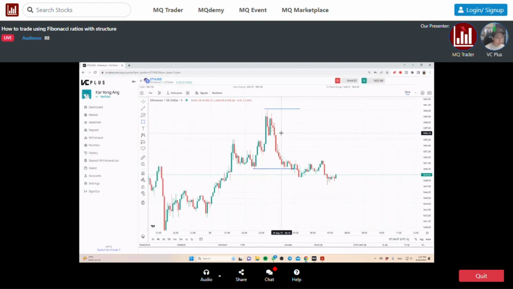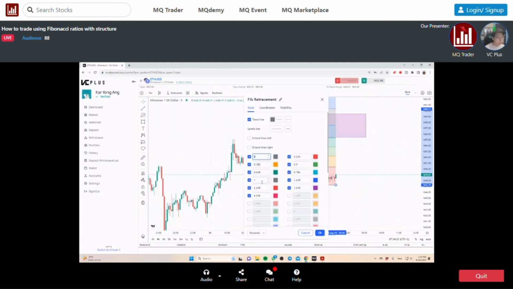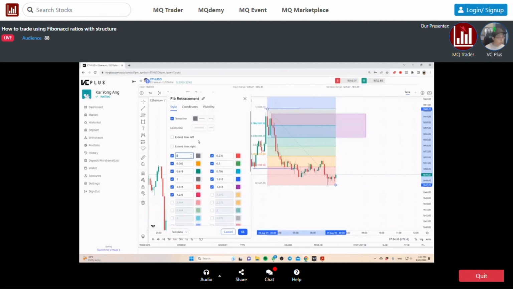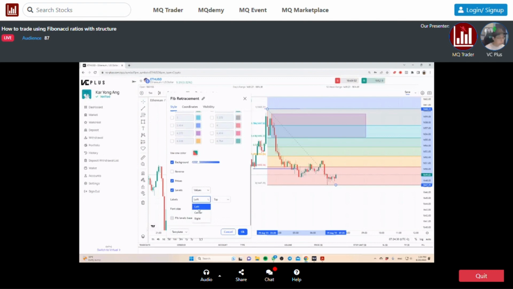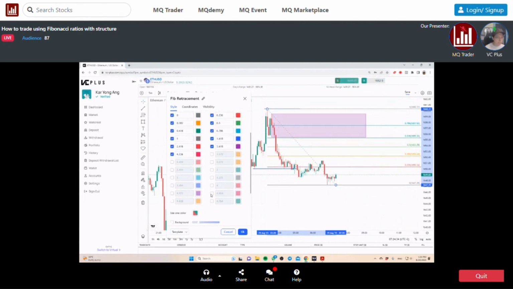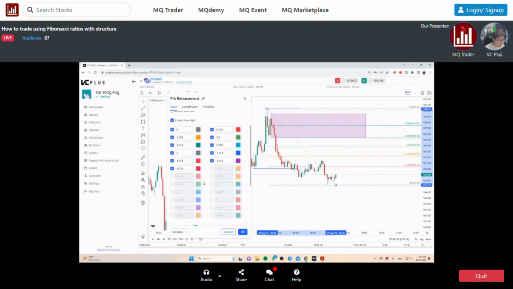Look for areas that we have supply. This is the part. We have the supply there, obviously. I think we can even take it all the way down here because you can see the gap between those two. So this is basically the supply zone. Okay, so if you pull Fibs from swing high to swing low for now, the confluence is somewhere around 0.786, 0.618.